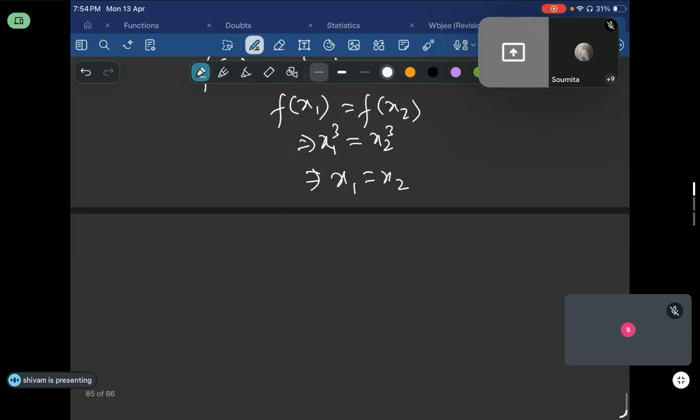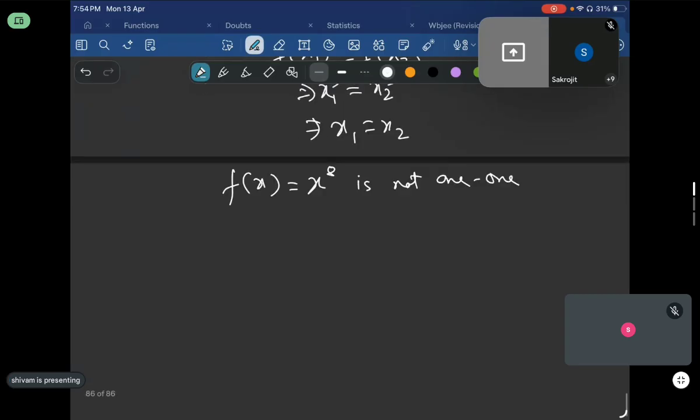Next, what do you think? f of x equal to x to the power 8. Is it one-one? No, sir, it's not one-one. So I'm going to generalize this for a polynomial. Sir, x raised to any even power will never be one-one. Yes, generalization: a parabolic graph is never one-one.